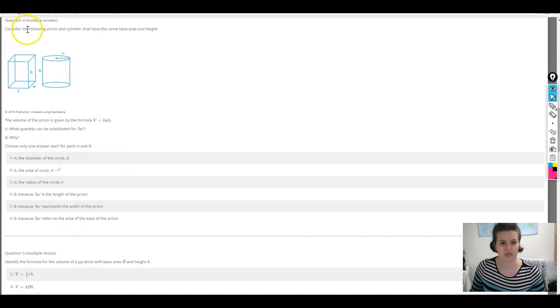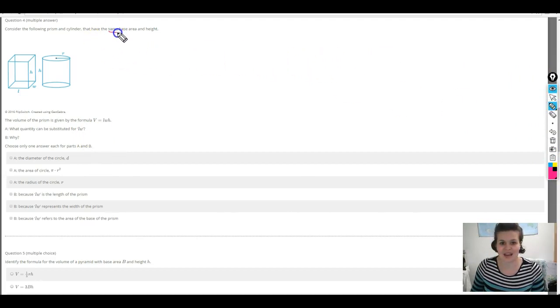So question 4, consider the following prism and cylinder that have the same base area and height. The volume for the prism is given by the formula volume equals length times width times height. What quantity can be substituted for length times width, and why? Choose only one answer for each part A and B. Okay, so I'm going to draw before I forget.